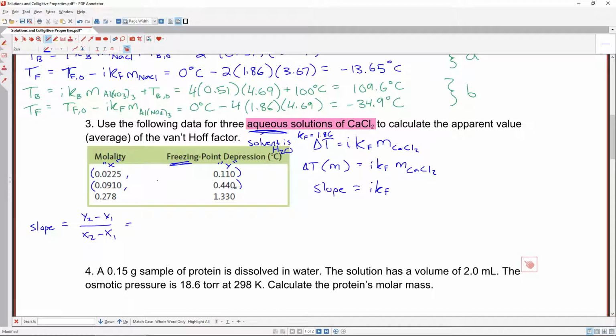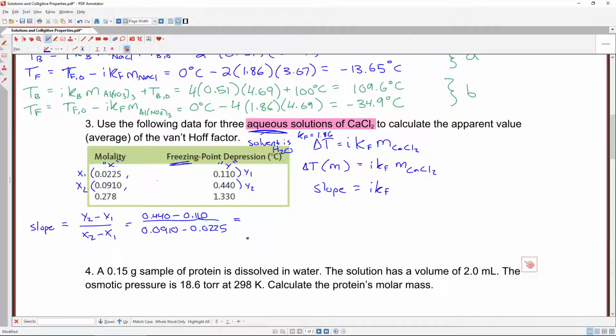So this is y2, y1, x2, x1. Okay, so 0.440 minus 0.110 over 0.0910 minus 0.0225, and this is going to be some number.